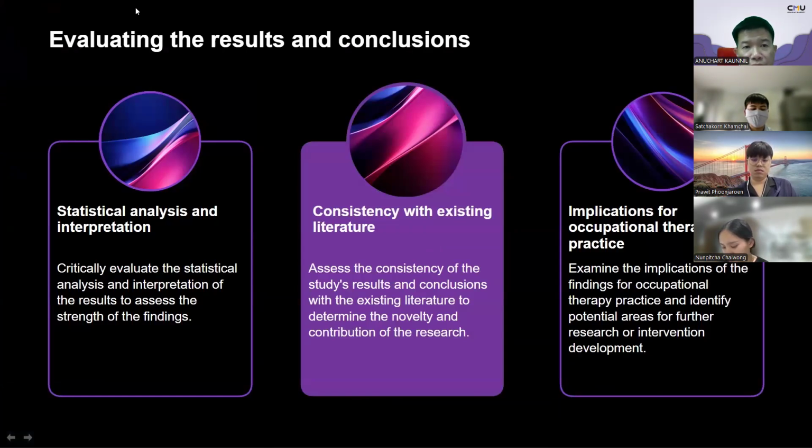For statistics, we need to find out in terms of analysis and interpretation, evaluating whether the interpreted result shows strength or not. Strength of finding: if it's insignificant or cannot show a difference, you can give the reason why in the discussion.